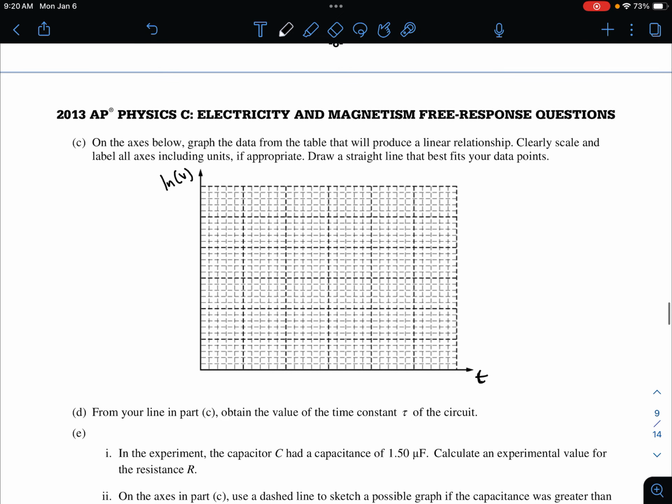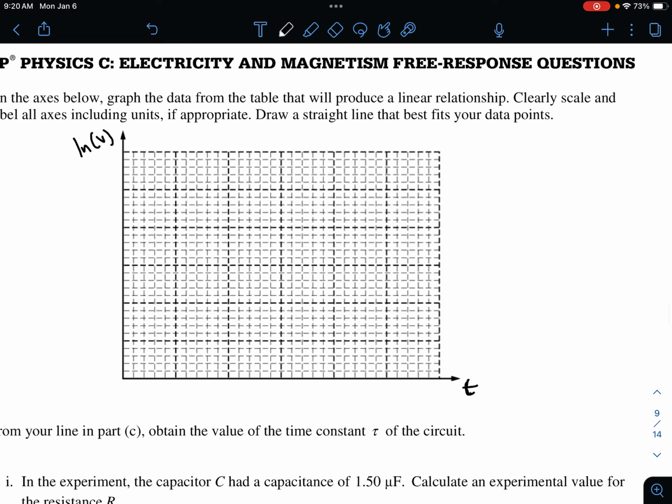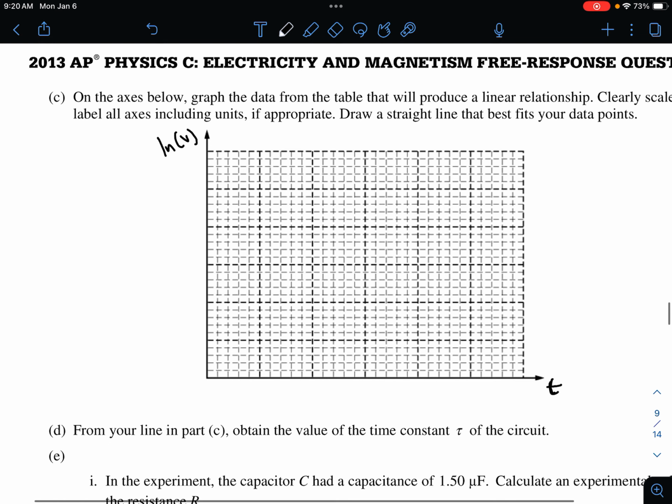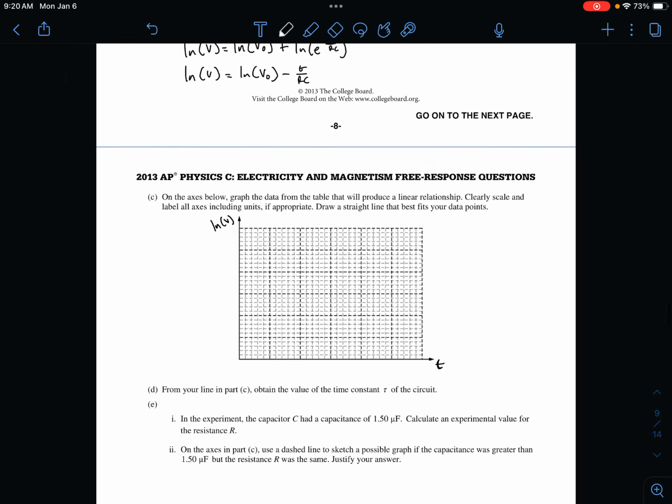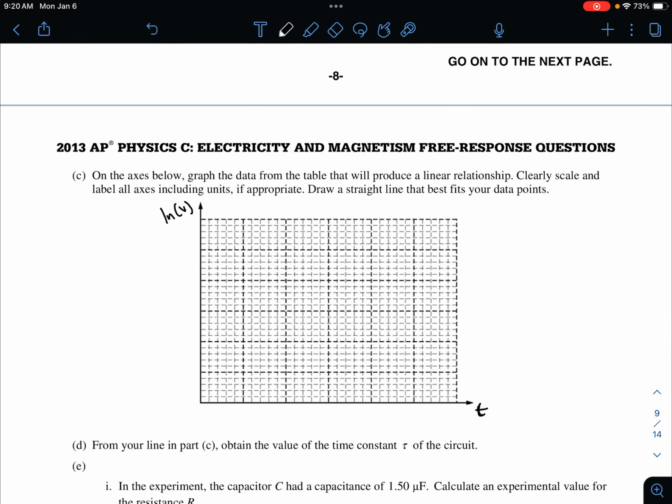You could do t as a function of ln V, but in my head that doesn't make sense, because the natural log of the voltage does not affect the time. The time is what's changing. The natural log is what I'm measuring, but I guess it'll be easier to find the slope that way, but who cares? ln V versus t.